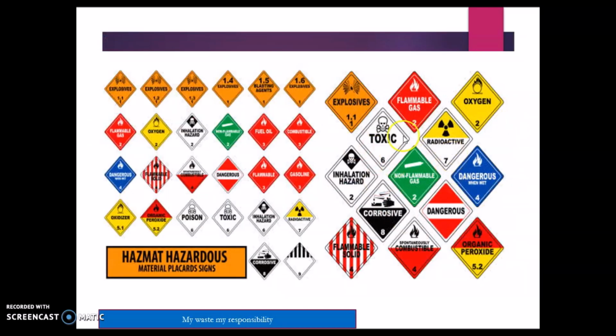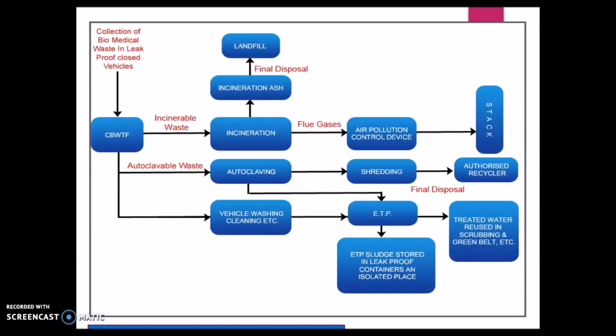You might be seeing these symbols on various tankers carrying chemicals, along with industries or different chemical agencies. So this is the flow chart diagram of biomedical waste collection, showing how it is transferred for incineration to landfill, and from autoclave to washing purposes.